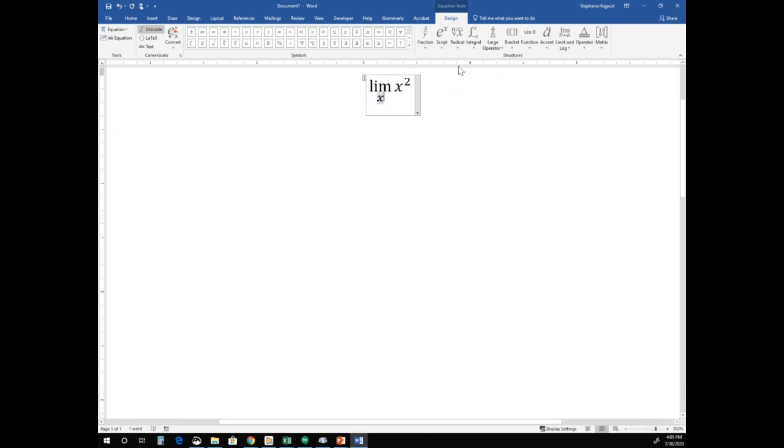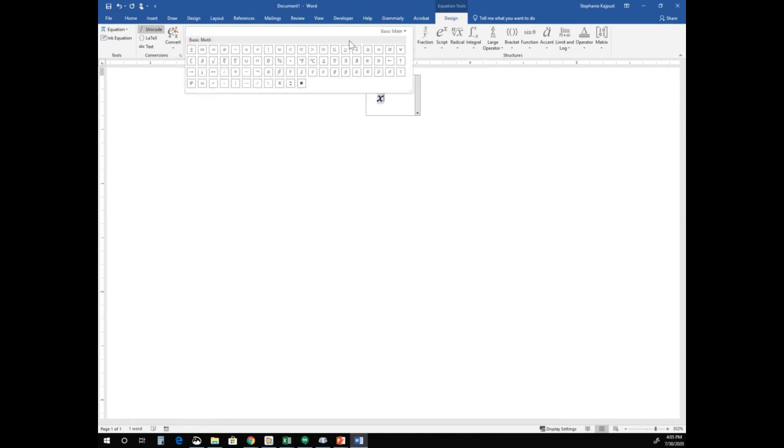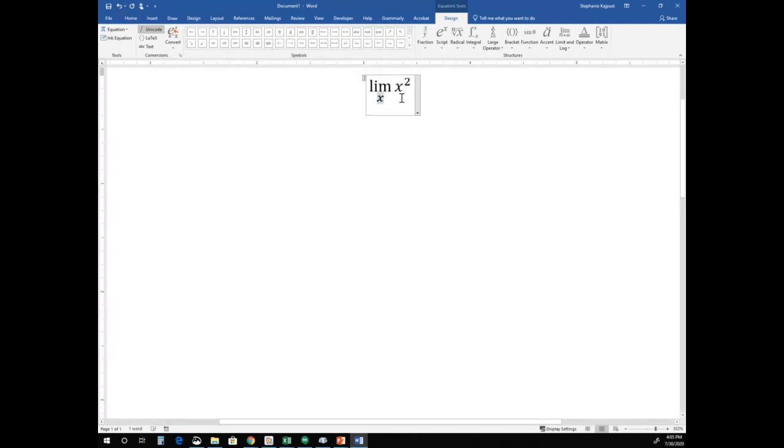There are 2 ways you can do the arrow. You can use this drop down right here where it says more. You can see that there are some arrows here, but you can also go to the basic math and do letter arrows right here. Then you can pick the particular arrow that you want. There's actually a shortcut when you're typing.